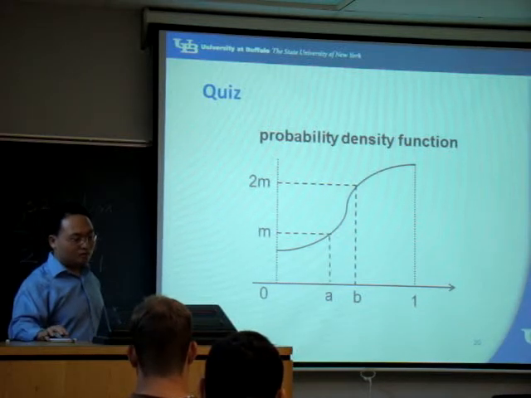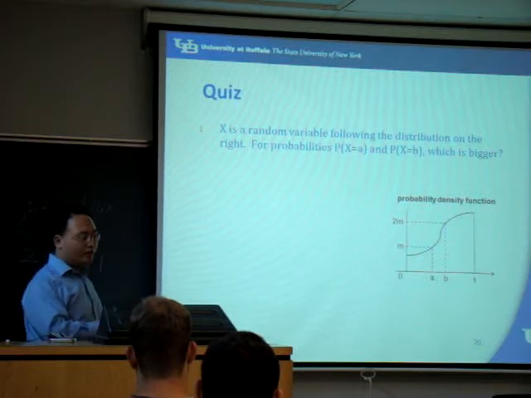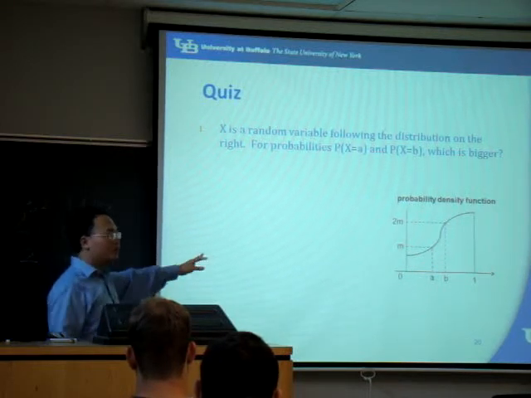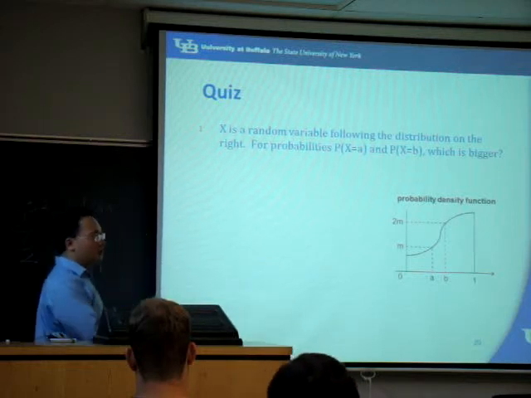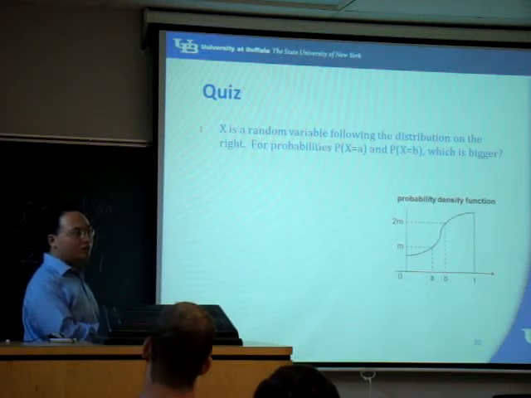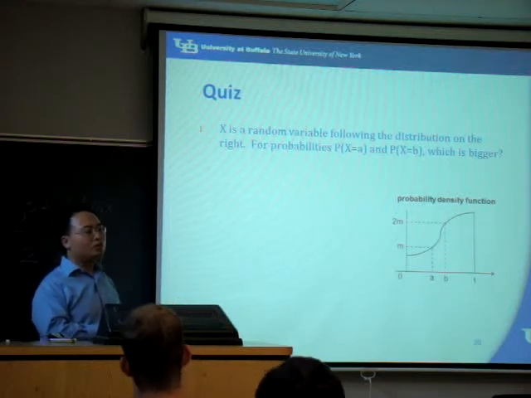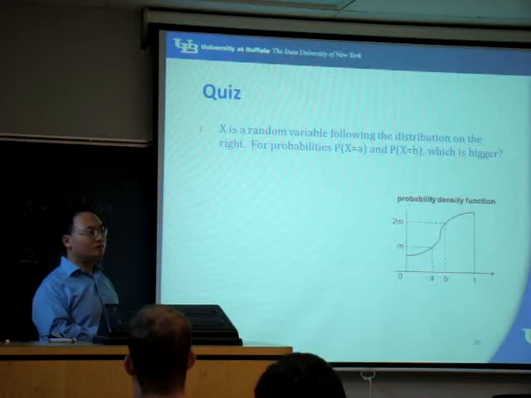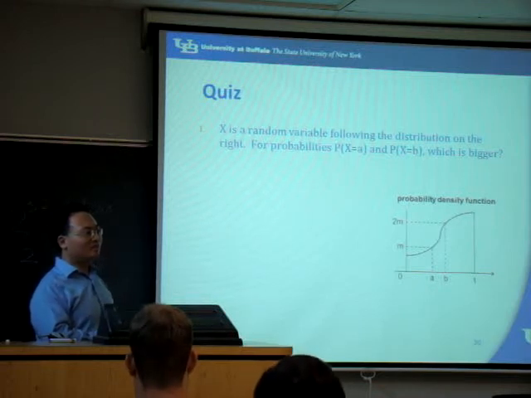Okay. The first question is, we are going to get a number from this distribution, and we have two probabilities, x equal to A and x equal to B. Which is bigger? Can anyone answer that?